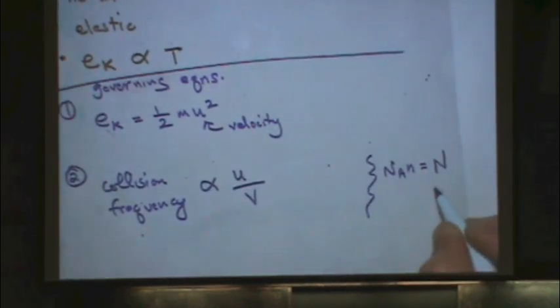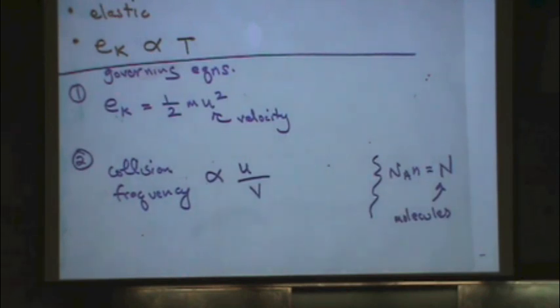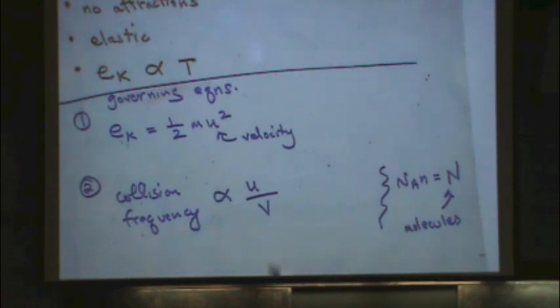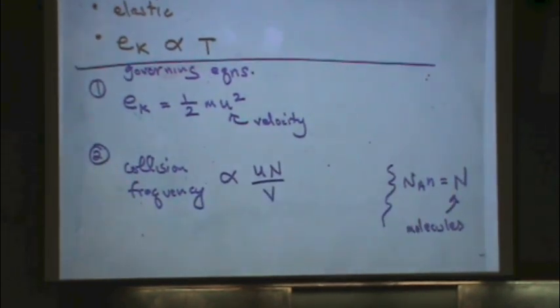So this capital N is the number of molecules. Avogadro's number is molecules per mole, but when you multiply by moles, you just have molecules. Collision frequency: as you increase the number of molecules, what happens? Up or down? It has to go up. If there are more cars on the road, more molecules out there, there are more collisions. This is our governing equation for collision frequency.